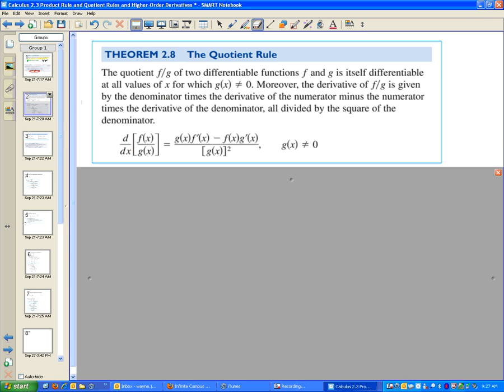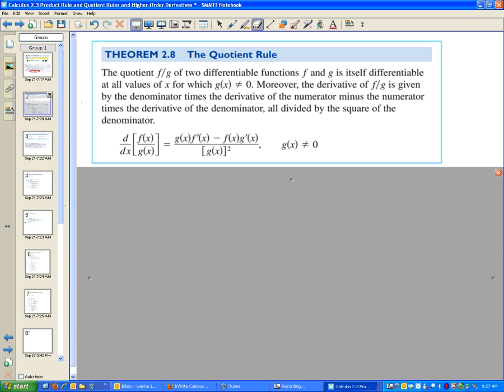The quotient, f divided by g, of two differentiable functions, f and g, is itself differentiable at all values of x for which g of x does not equal 0. So if you have two differentiable functions, the quotient of those two differentiable functions is also differentiable, with the exception of making sure that the denominator does not equal 0.